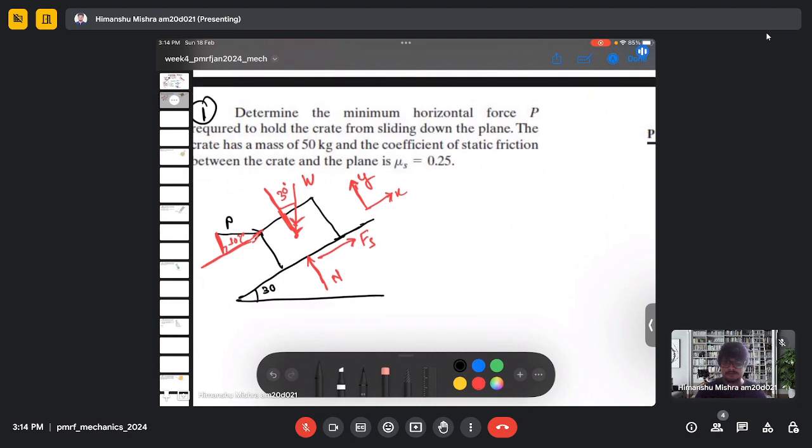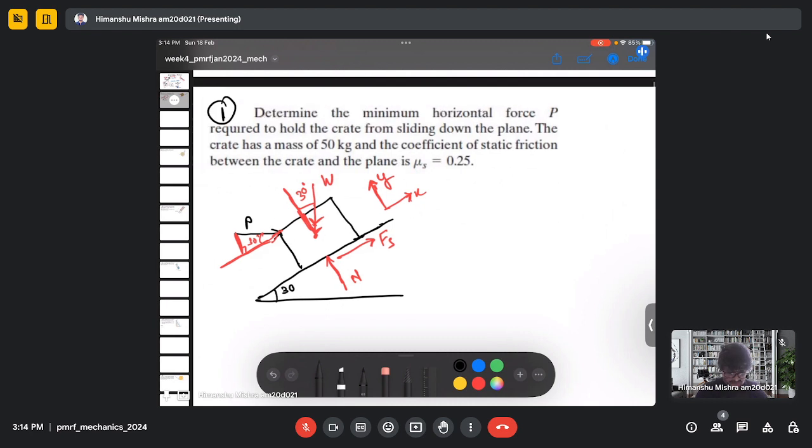So now we have made the free body diagram. We can actually easily determine which are the forces which is acting on the system. So we can easily identify the horizontal and the vertical component of the force.